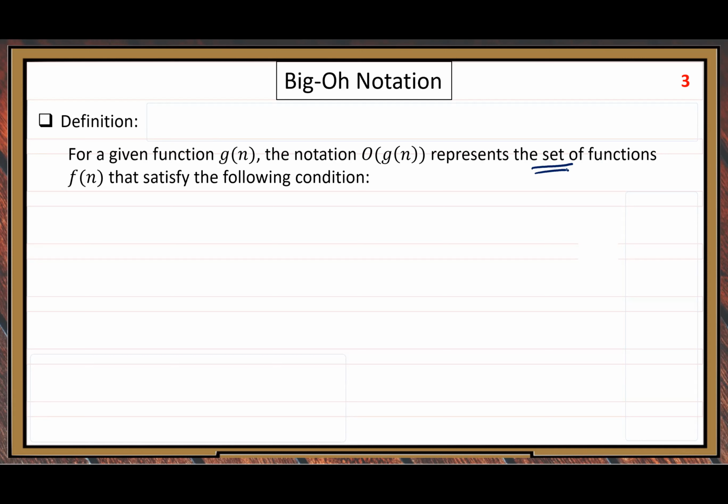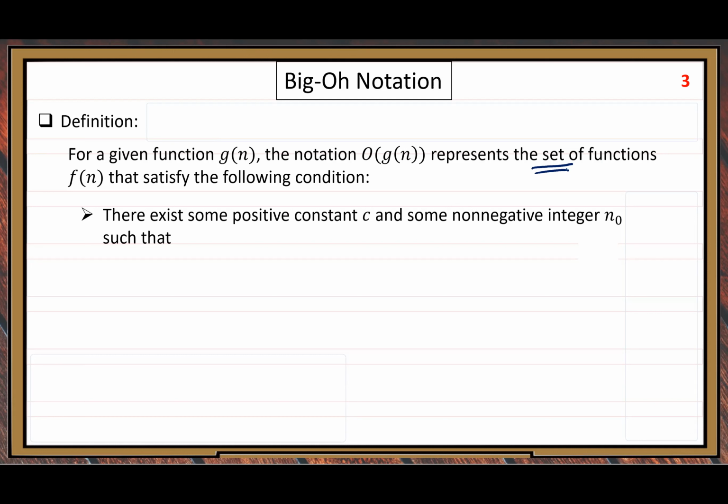It is the set of functions f of n that satisfy the following condition: there exists some positive constant c and some non-negative integer n0 such that f of n is less than or equal to c times g of n for all n greater than or equal to n0.